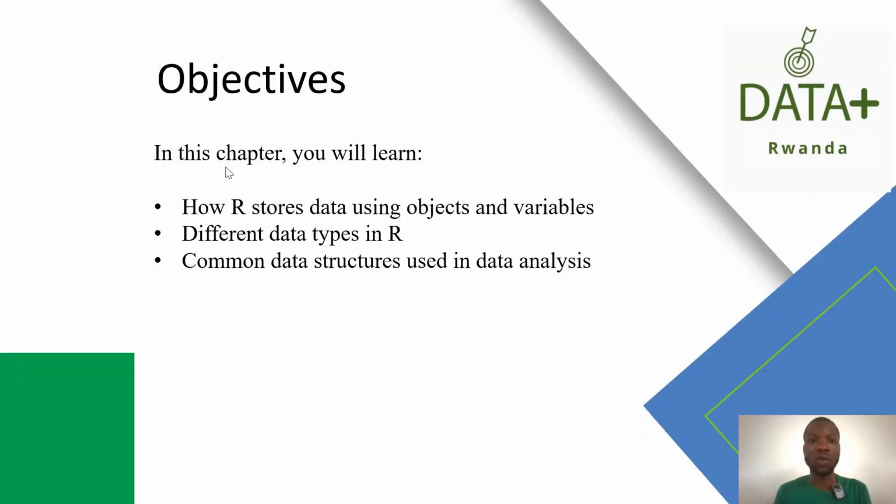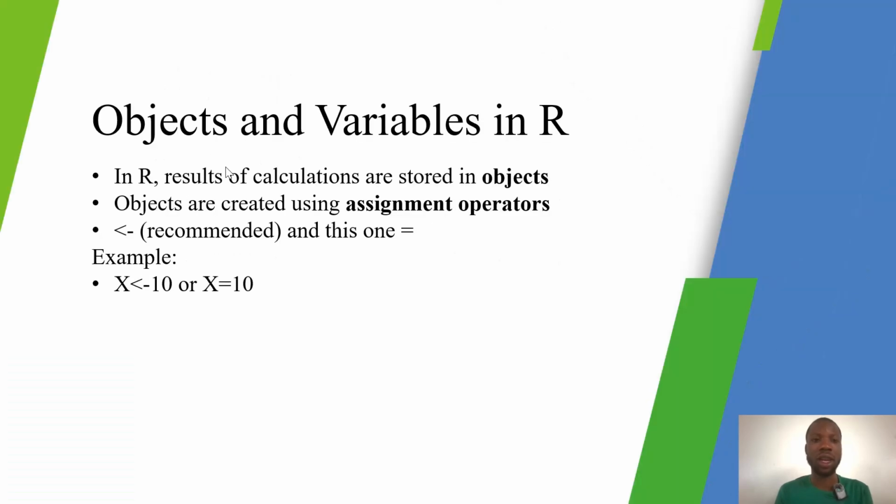So the objective of this chapter is to learn how R stores data using objects and variables, the different data types in R, and common data structures used in data analysis. We will also look at objects and variables in other programming. We will see how we can create an object, what a variable is, and that objects are created using the assignment operator.